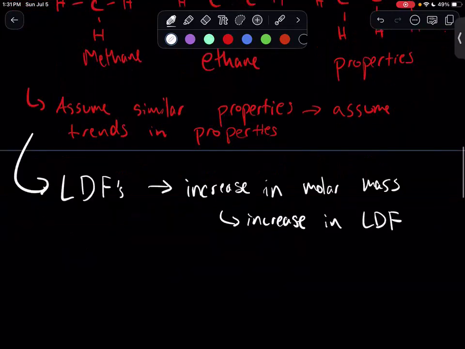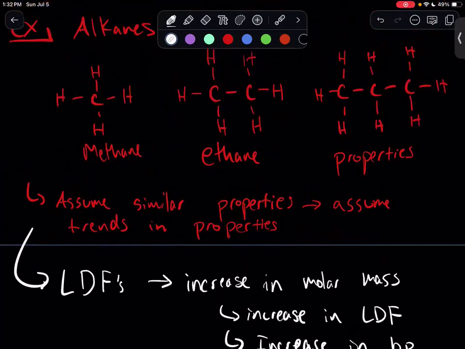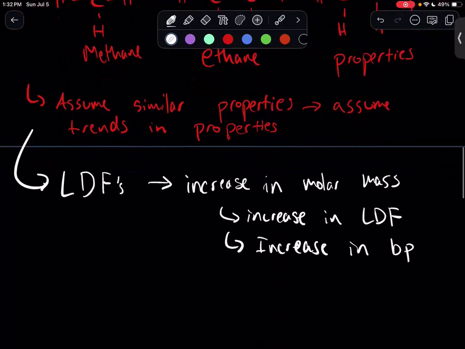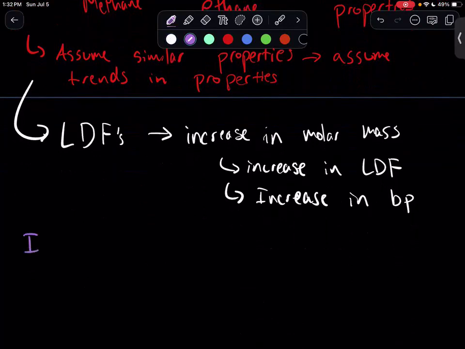Furthermore, because now we have an increase in London dispersion forces, then we can note an increase in boiling point and also an increase in melting point because they're more stably bonded. They have a stronger attractive force between the molecules because there are more electrons moving around, creating those induced dipoles in London dispersion forces. We're actually going to expand this idea into all of our homologous series.